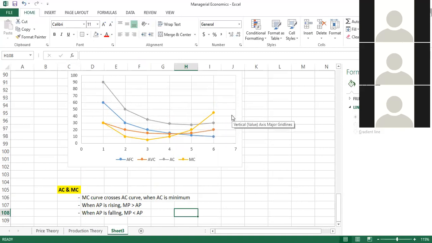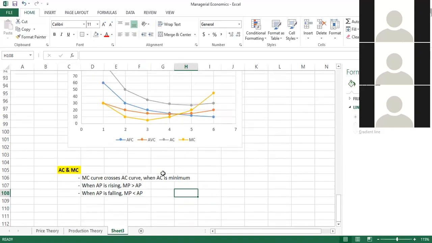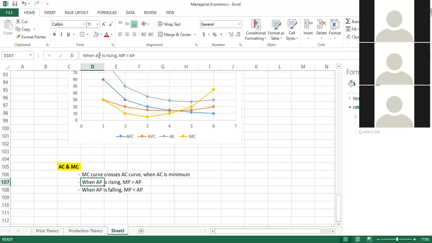But as soon as average cost starts to increase, when average cost is rising, marginal cost is more than average cost.